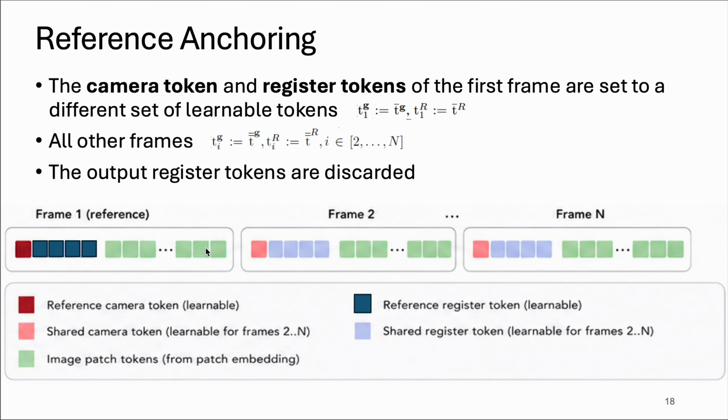Then the rest are the image tokens. For all of frame 2 to frame n, they are assigned shared camera tokens, and 4 shared register tokens. So that's how the algorithm differentiates between the reference frame and the other frames.